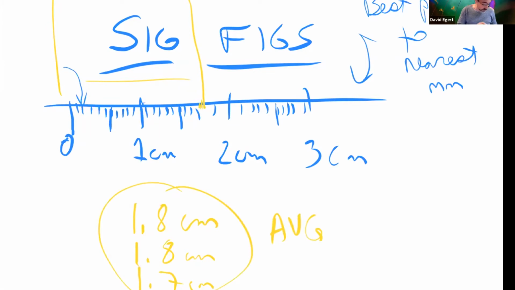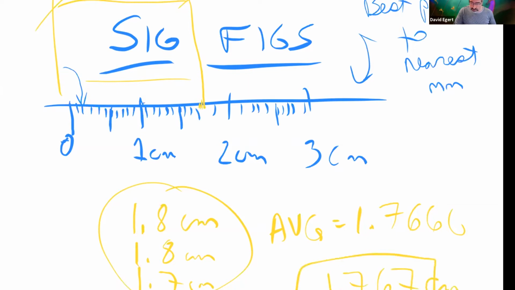So 1.7, 1.8, 1.8, 1.8, 1.7, divided by 3, the average is 1.766, and people will write, well, it looks like the length of this thing is 1.767 centimeters.